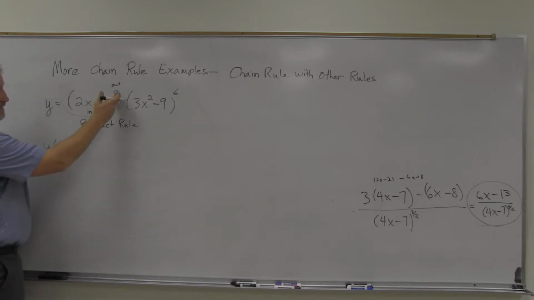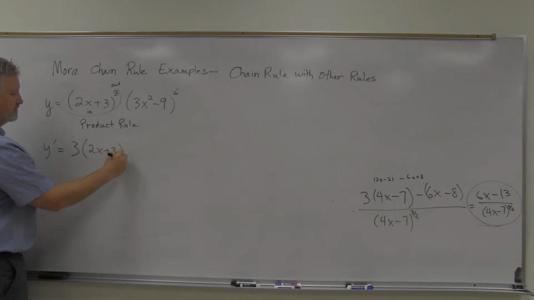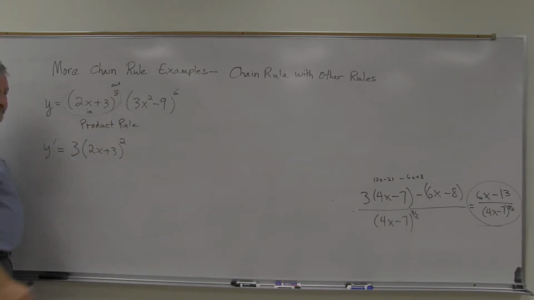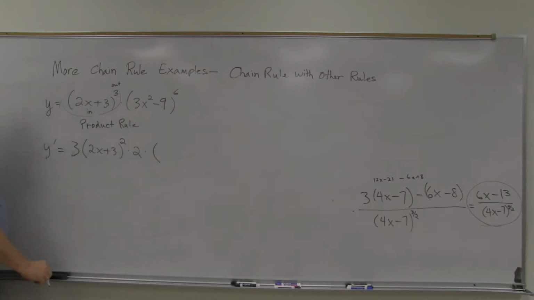So the derivative of that's going to be bring down the power, so it'll be 3, inside stays the same, 2x plus 3, new power is 1 less, squared. Right? Then I multiply that by the derivative of the inside, 2x plus 3, derivative 2. So all of this is the derivative of that one.